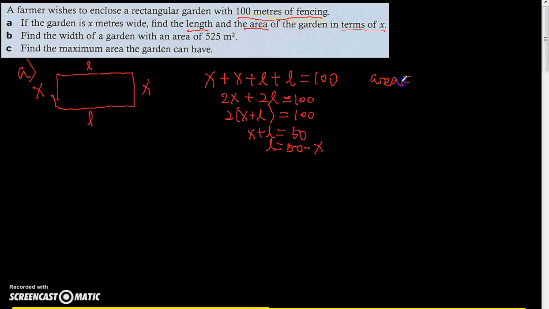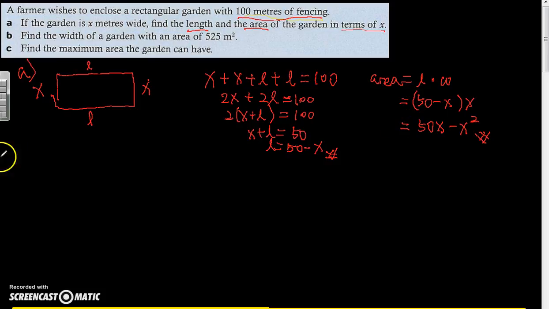I know my L in terms of x is 50 minus x, so I can replace my L with 50 minus x. My width is just x. So my area in terms of x will be 50x minus x squared. So this is my length, and this is my area. All right, and that's for my part A.